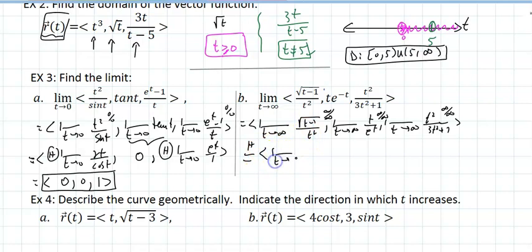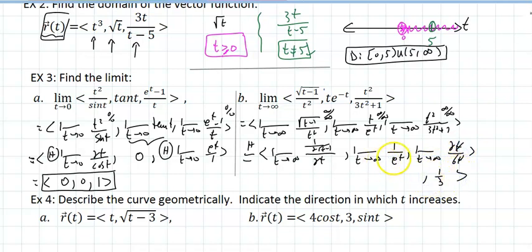That's going to be the limit as t approaches infinity of 1 over twice the square root of t minus 1 over 2t, the limit as t approaches infinity of 1 over e to the t, and the limit as t approaches infinity of 2t over 6t. This is 1/3, that's easy. As t approaches infinity, that approaches 0, that's simple. This piece is the limit as t approaches infinity of 1 over 4t, the square root of t minus 1.